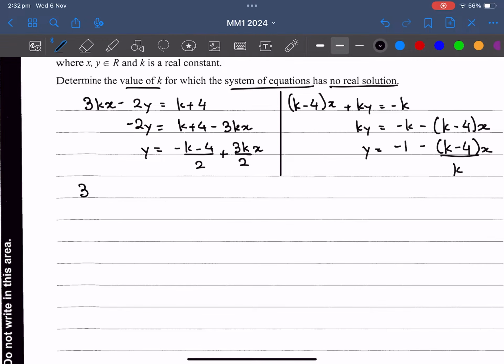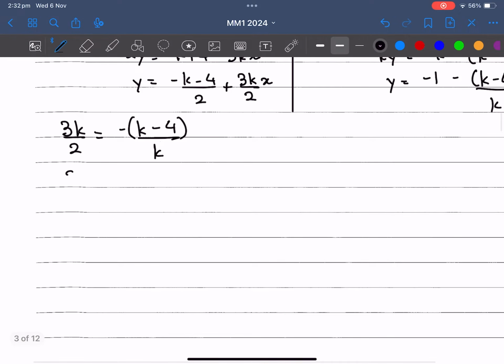So 3k on 2 equals minus (k minus 4) on k. Oh, sorry, brackets, forgot. Okay, then we'll have 3k squared equals minus 2k plus 8. So 3k squared plus 2k minus 8 equals 0.